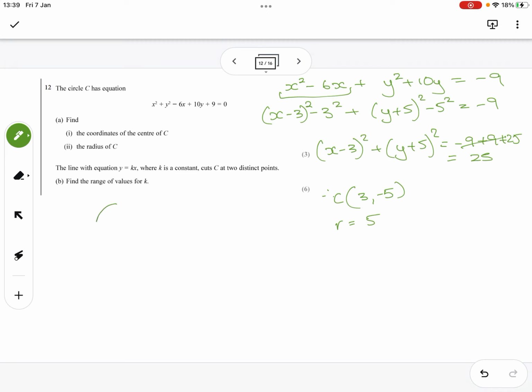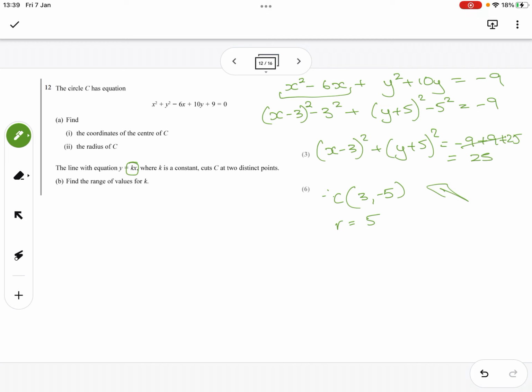Okay, so if I've got my circle and I've got a line chopping it in 2 distinct points, we need to solve it simultaneously. So I need to sub in kx for wherever I have a y. Now, if I was feeling brave, which I probably should, but I'm not, just in case you're not sure that what you've done here is correct, you don't compound the issue by subbing it into your answer.